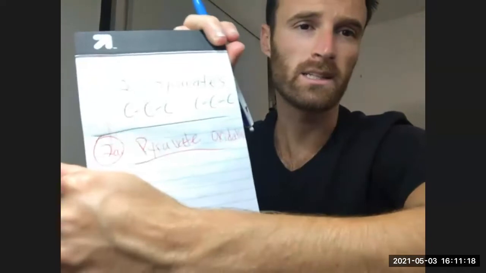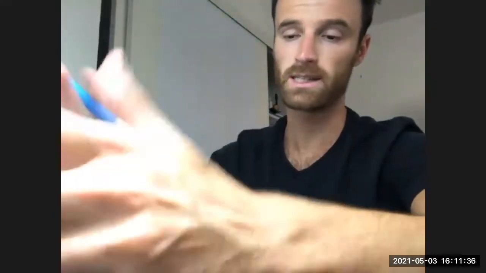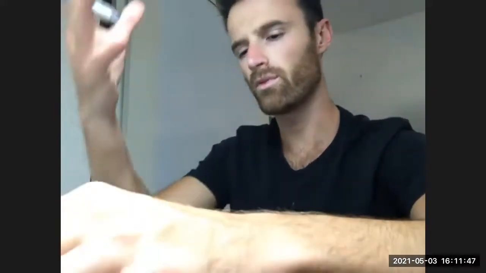Now, keeping in the back of your mind, we have 2 pyruvates from glycolysis, right? We have 2. So for this example, I'm just going to go through it with 1 because that's the process. It just happens 1 molecule at a time. But at the end of all this, remember, we're going to double everything because we have 2 pyruvate molecules. But let's just start with 1 and go through the process with 1 of them.